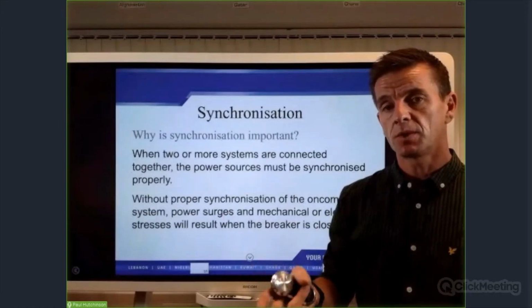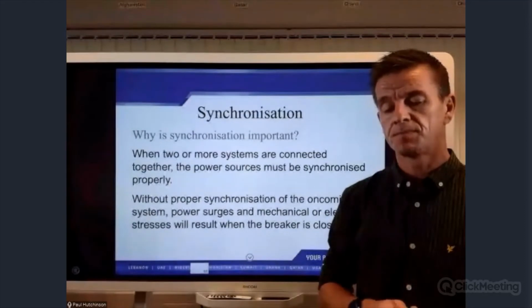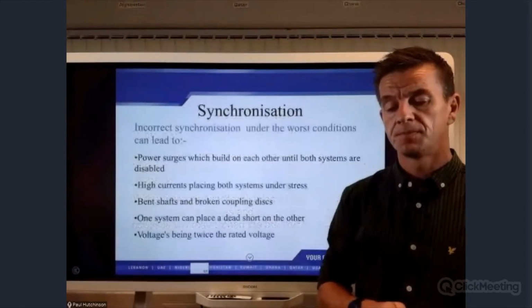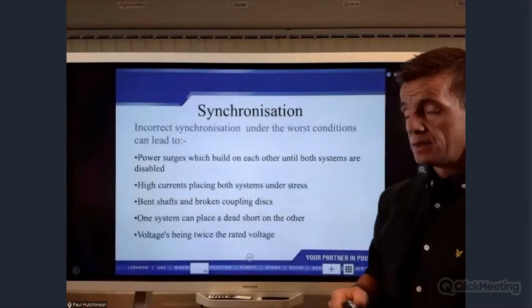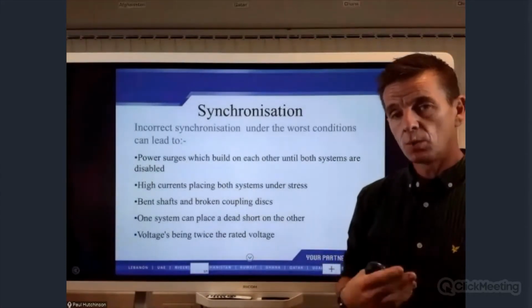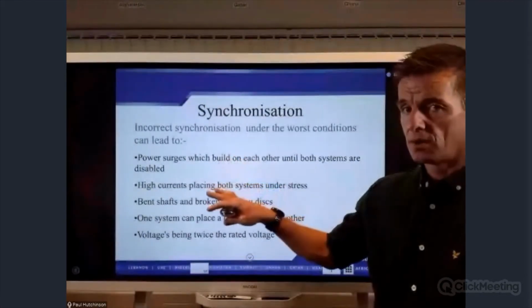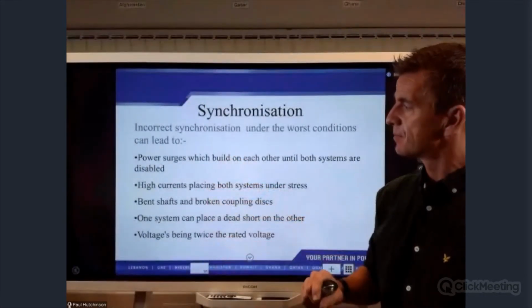All right, so this is going back to our pre-synchronization checks. Incorrect synchronization under the worst conditions could be one or all of these things.